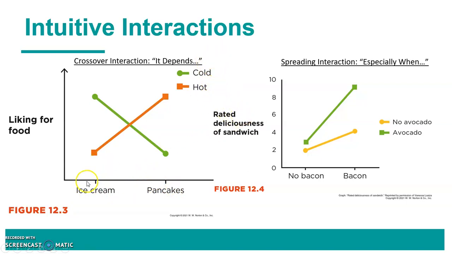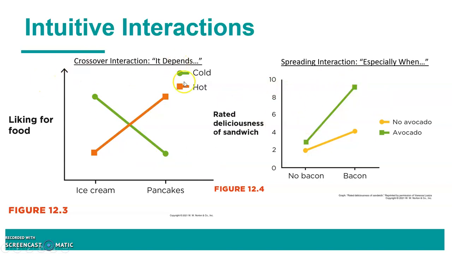And you can see that, do you like hot food? Well, it depends. It depends on what kind of food you're talking about. Or you could say, do you like pancakes? Well, it depends on whether they're hot or cold. So that's one way in which you might observe an interaction.